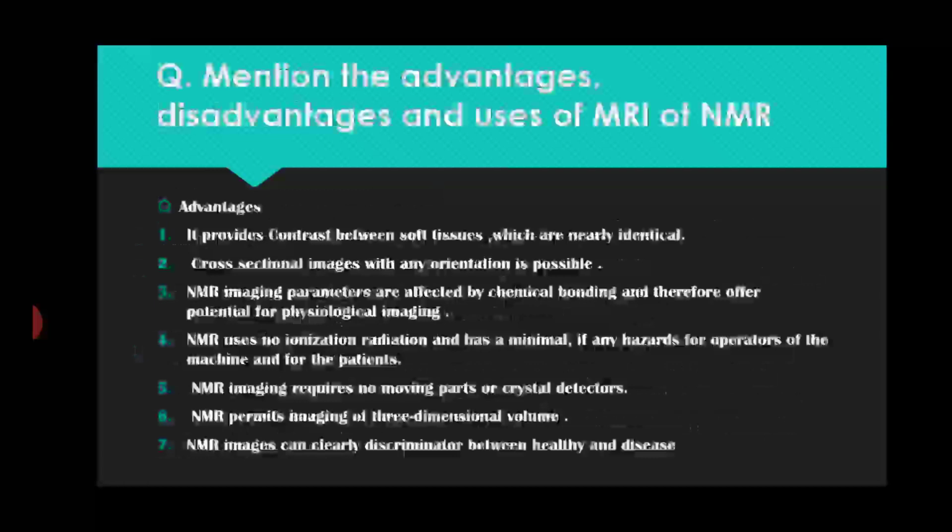NMR uses no ionizing radiation and has minimal, if any, hazard for the apparatus, for the operators of the machine, and for the patients. NMR imaging requires no moving parts or crystal detectors. NMR permits imaging of the three-dimensional volume. NMR images can clearly discriminate between healthy and diseased tissue.